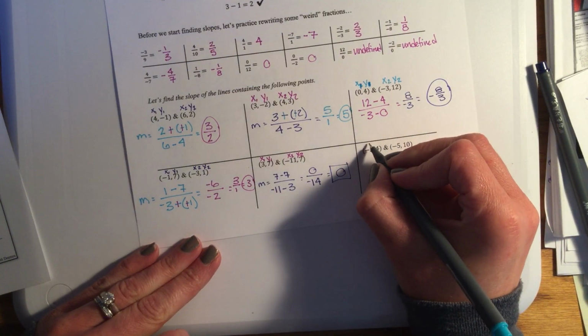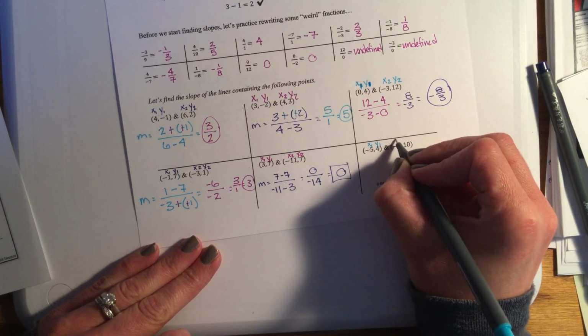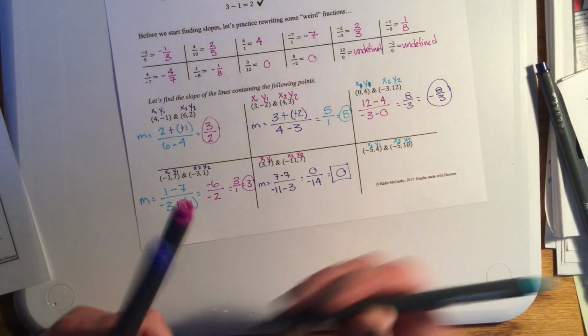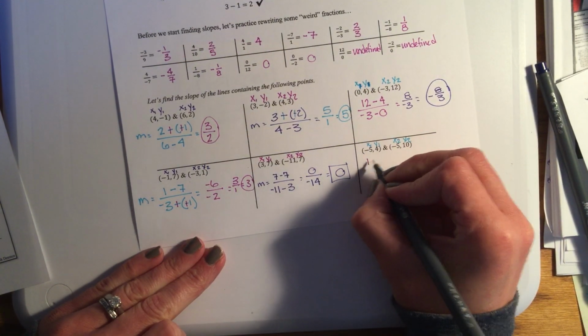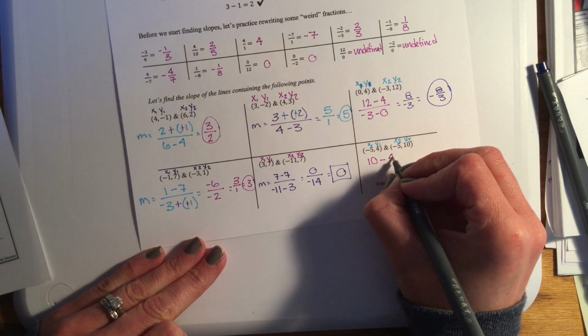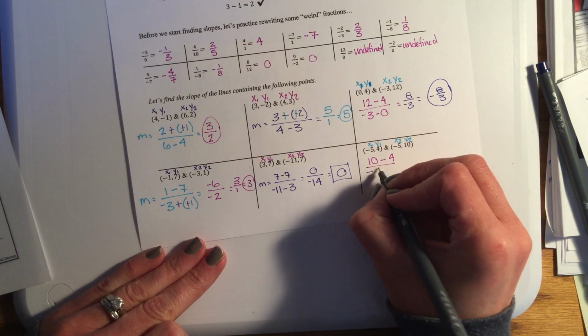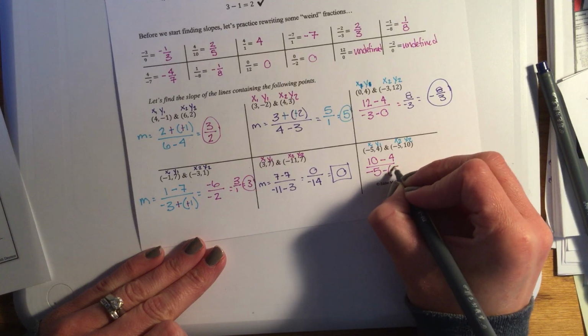Last one here, x1, y1, x2, y2. I have 10 minus 4 over -5 minus -5.